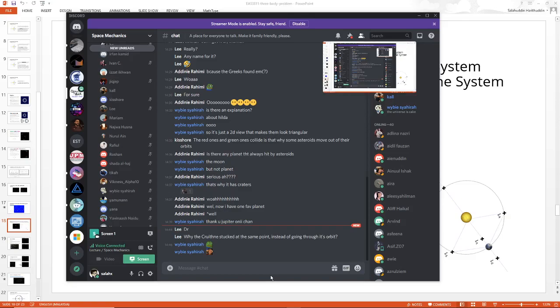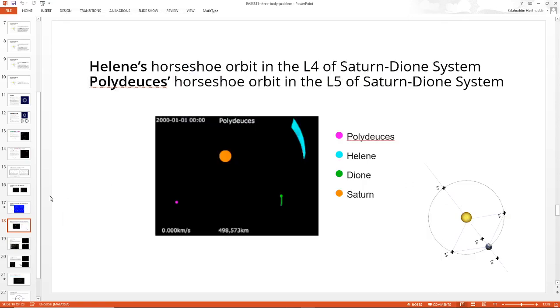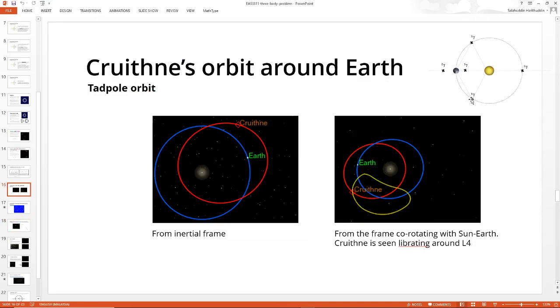When you look at things as a three-body system, Sun, Earth, and Cruithne for example, you can see there is an orbit that cannot be explained using the two-body approximation. What it does is linger around the L4 point. It's lingering around here. We call this librating.